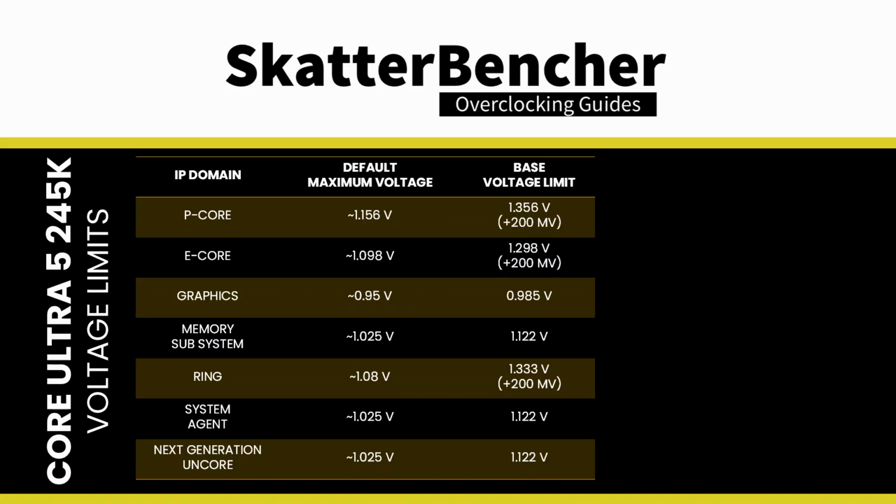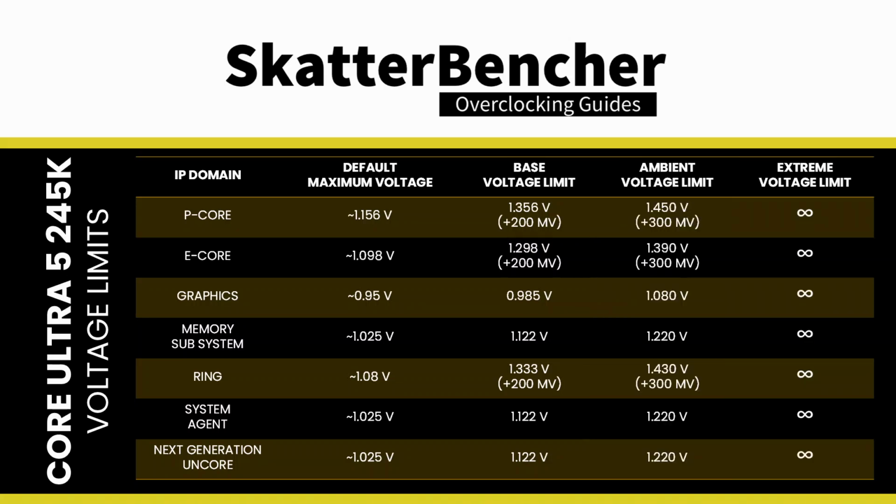For this CPU's P core, that's 1.356 volts, and for the E cores, it's 1.298 volts. However, we can manually increase that to plus 300 mV under ambient conditions, so 1.456 volts and 1.398 volts respectively. If you try setting the limit above the approved limit, the PCU will automatically adjust it to the highest allowed limit.